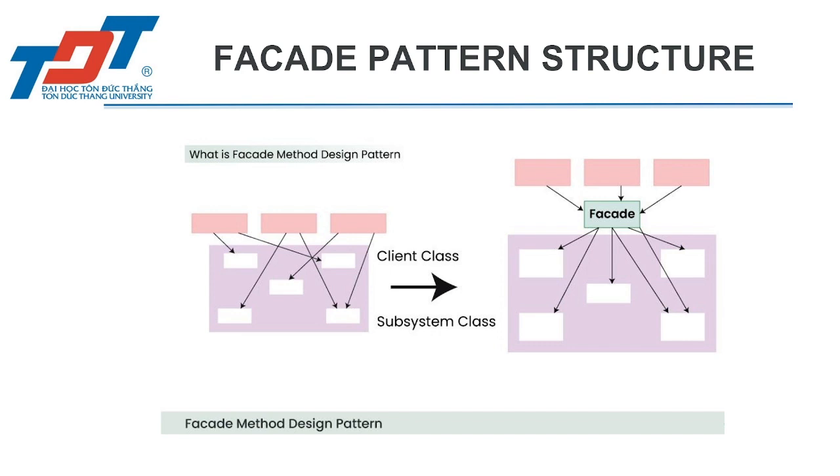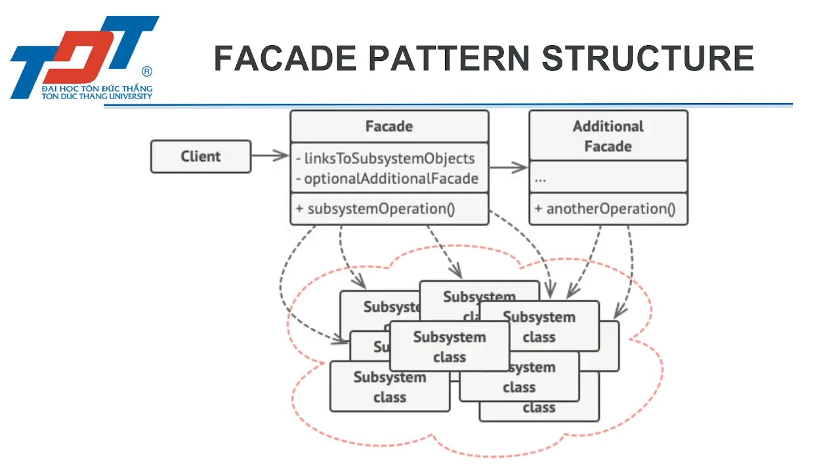There is the Facade pattern structure. When we use the Facade, the subsystem classes are hidden behind the Facade. Here, we go to the main components. The Facade is an intermediary class providing a simple interface for the user.